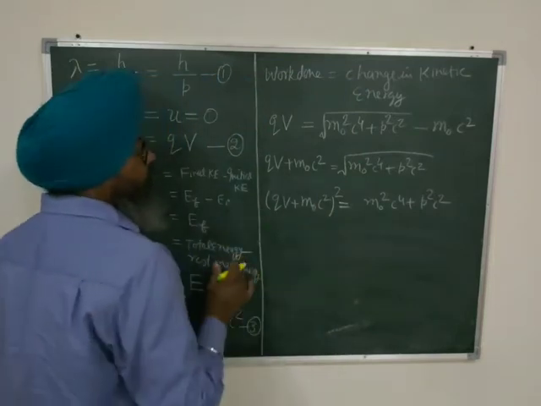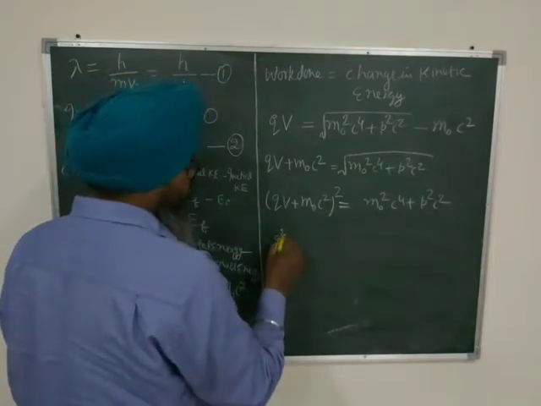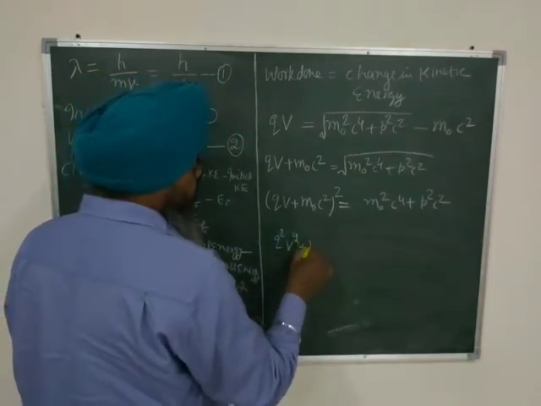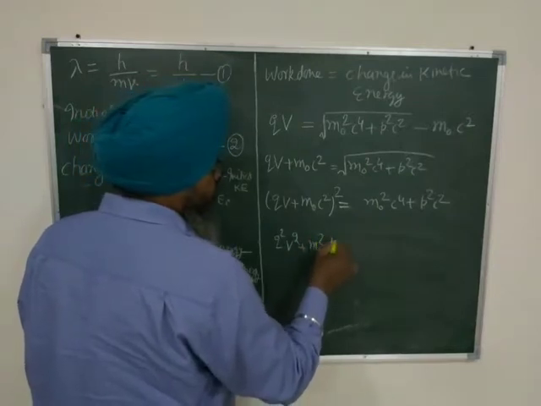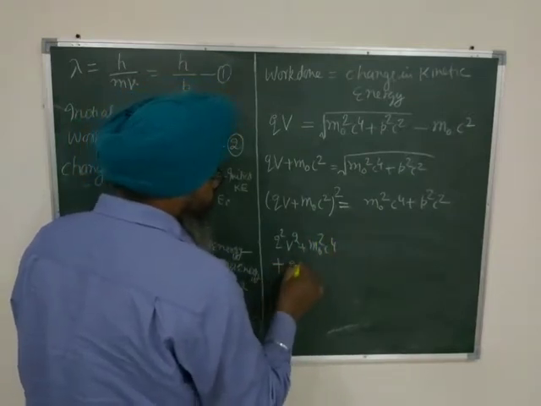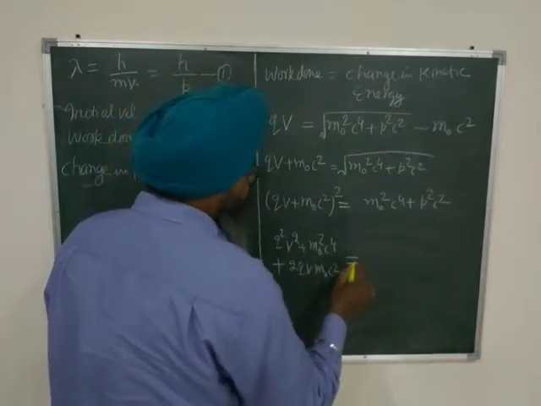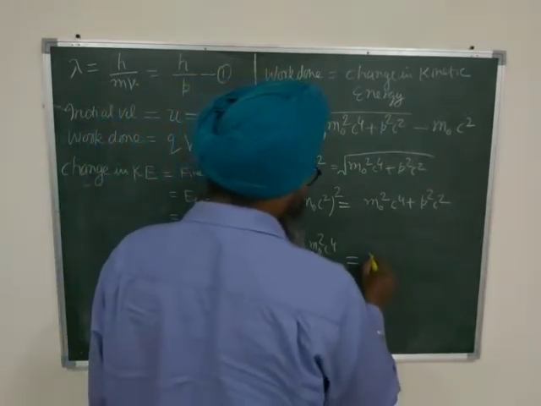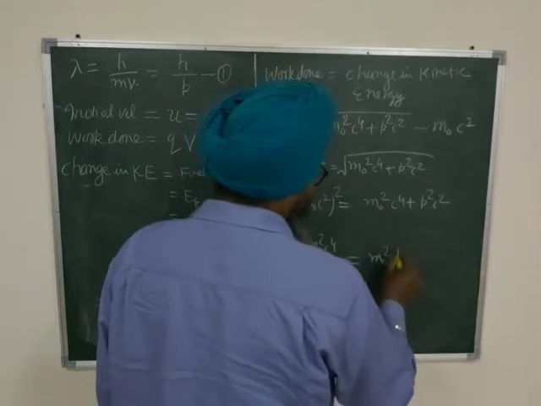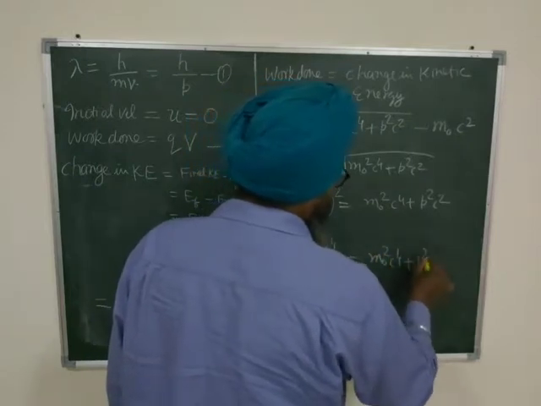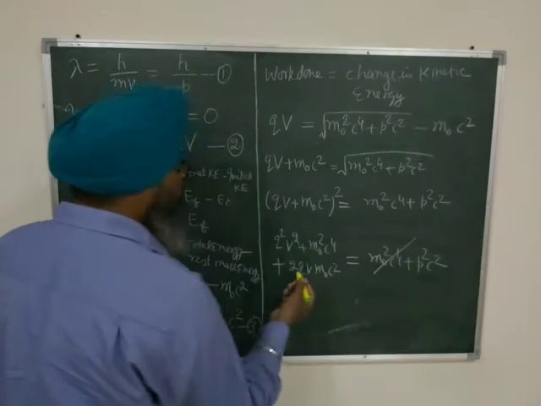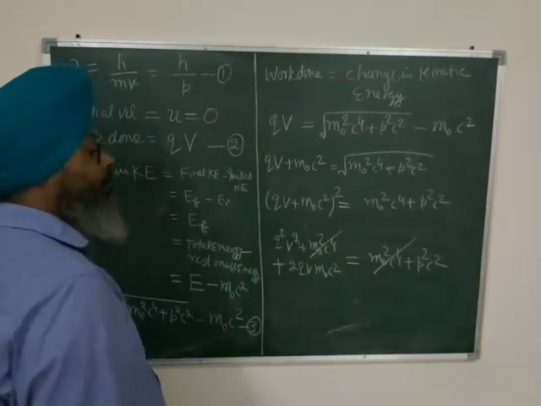If I expand the left term, it will become Q squared V squared plus m0 squared c to the power 4 plus 2QV m0 c squared, and the right hand side will remain as such, that is m0 squared c to the power 4 plus p squared c squared. Now this term will cancel with this term.